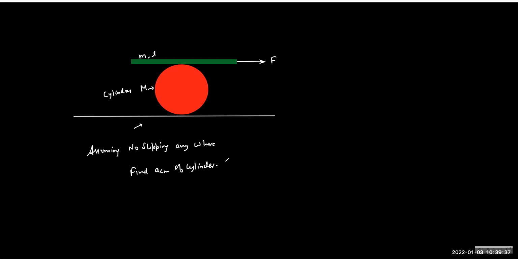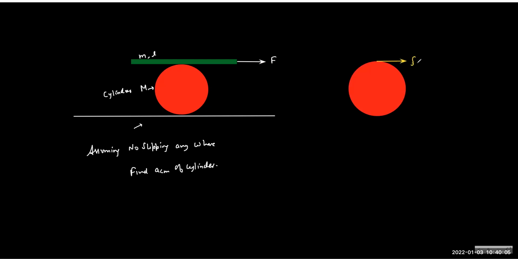So the friction force on the cylinder will act on the topmost point and the bottommost point, right? At the topmost point, where will it act? Because this is the driving force. You are applying force here, so the friction force on the cylinder will act forward, because the friction will try to pull it forward.